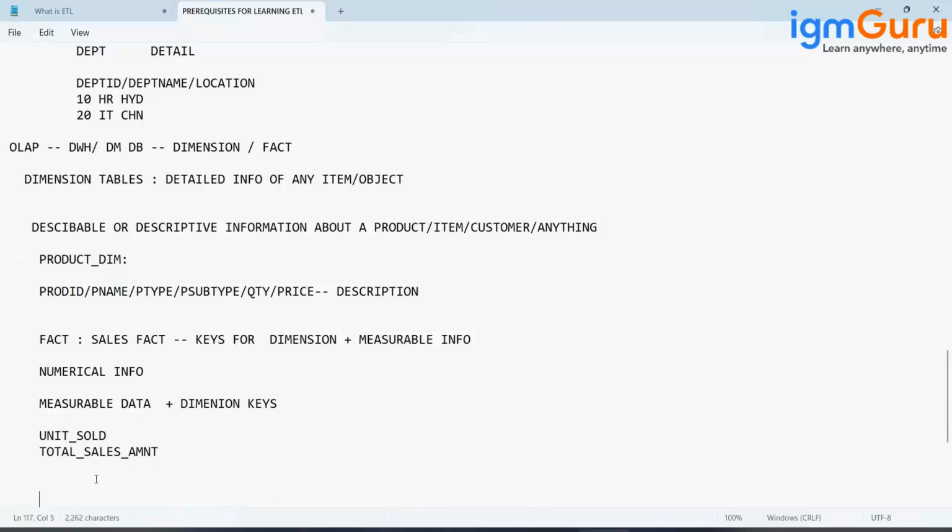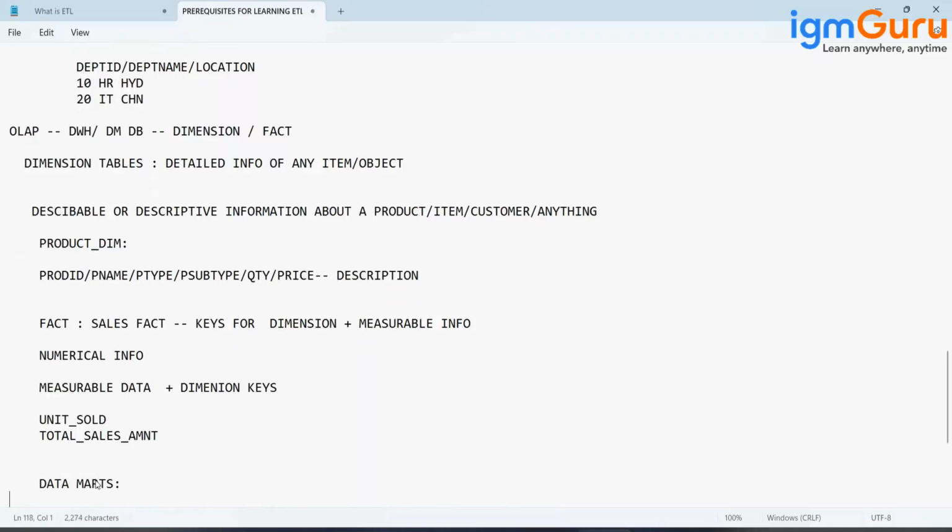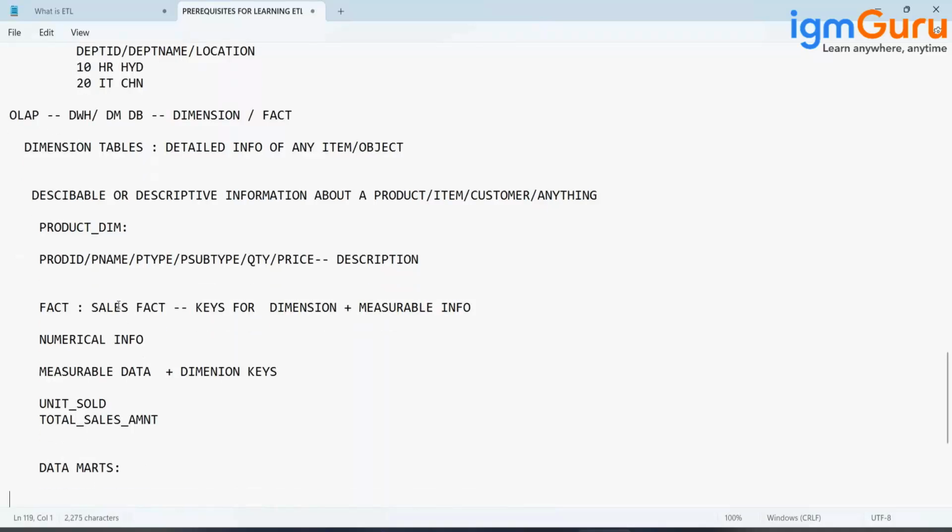And coming to data marts, before stepping into that, to talk in more detail about dimensions and facts, there are different types of dimension tables.